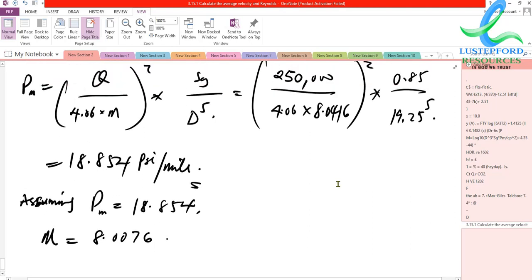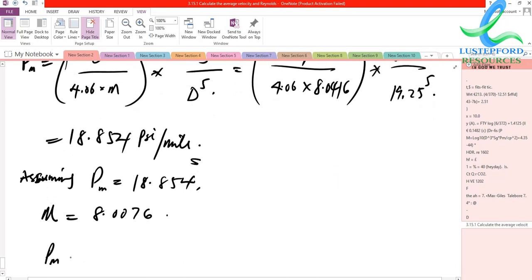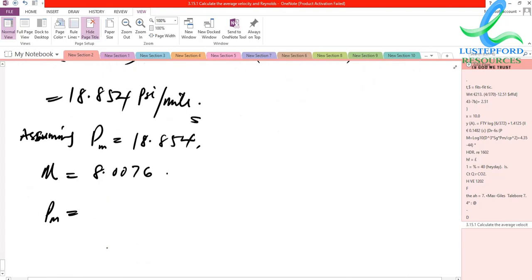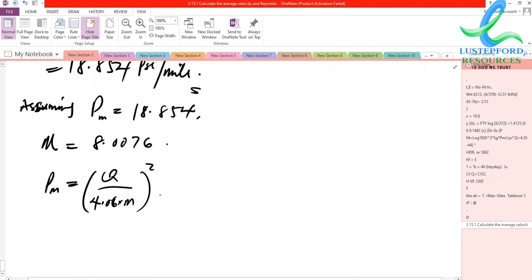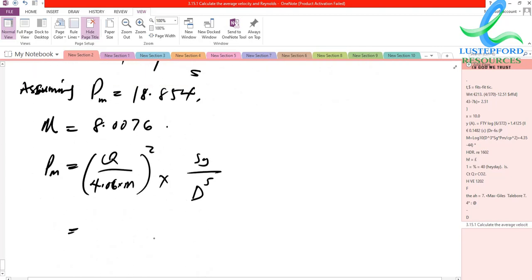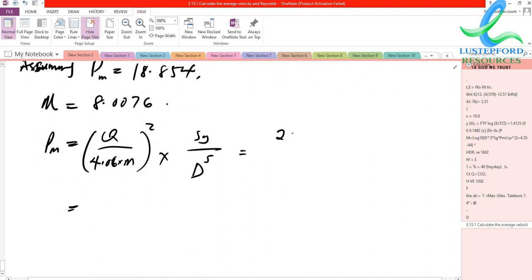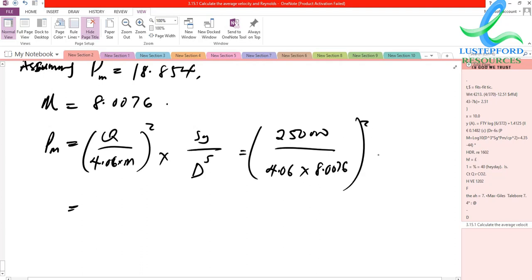Now let's use it to find our PM. Inserting it into this position, let's use this equation again: 25,000 divided by 4.06 times 8.0076 all squared times specific gravity, which is 0.85, divided by 19.25 raised to power 5.